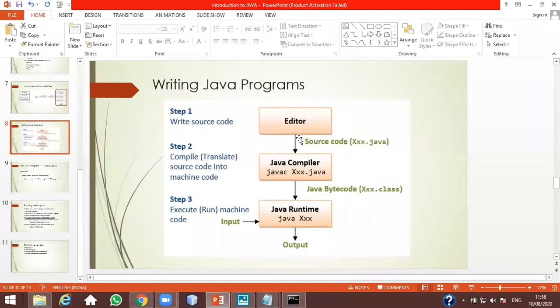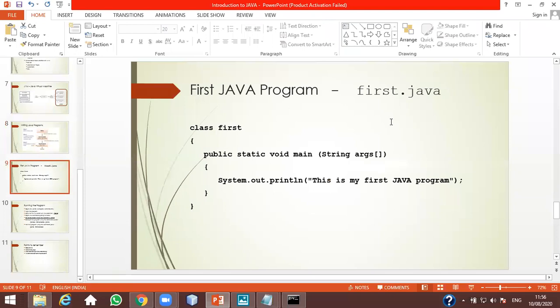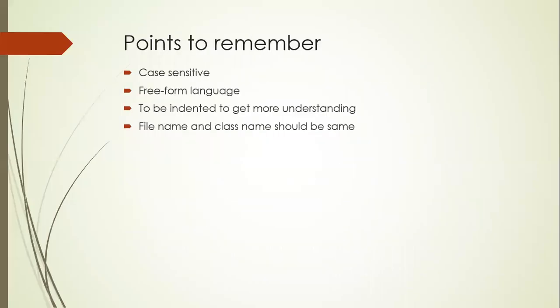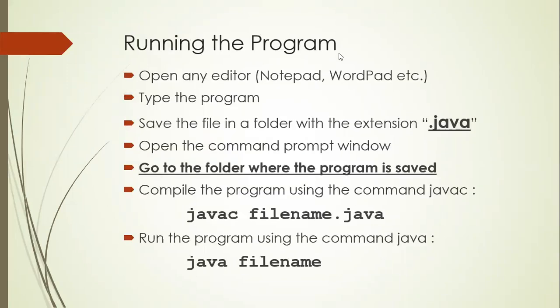So these are the steps. Write the source code using any editor, save the extension as .java and compile using the command javac. It will create a bytecode with that class name and you have to run it to see the outputs. And this is the simple Java program which will print a sample line of code. And this is yes Gurunathan.